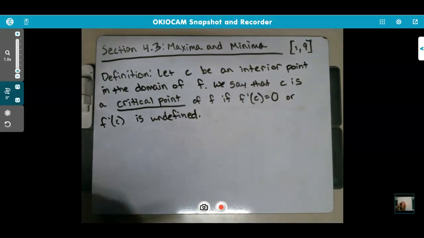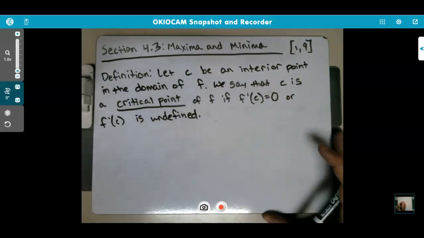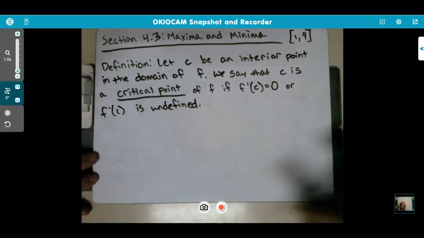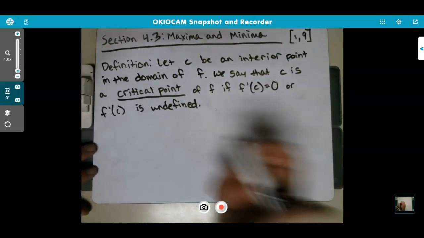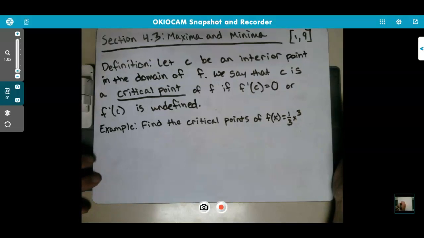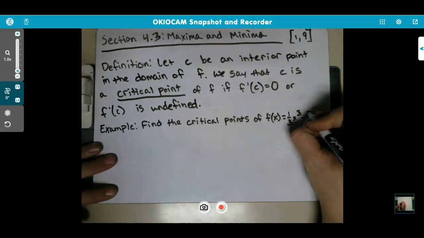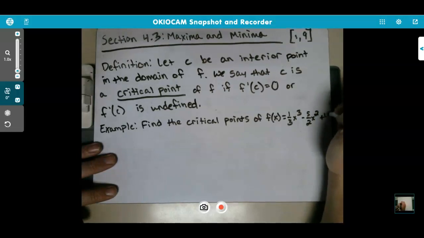Okay? So what I want to do now is practice finding these things. So let's look at an example. Find the critical points of the function f of x equals 1/3 x cubed minus 5/2 x squared plus 4x.